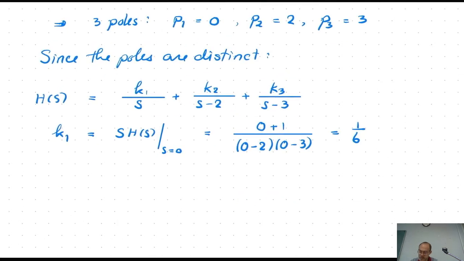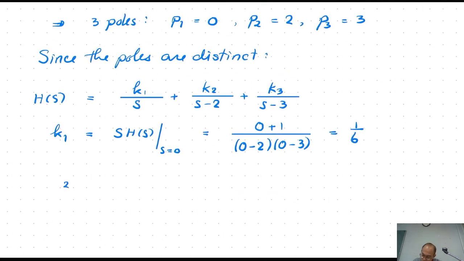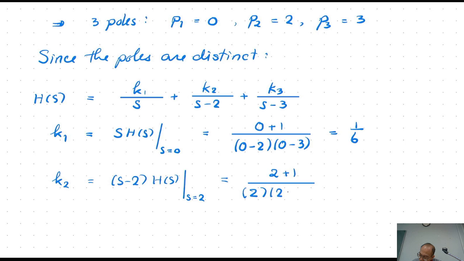And the rest is the same. K2 is S minus 2 times H(S), and then plug in S equal to 2. That is 2 plus 1 divided by 2 times 2 minus 3. And that is 3 over minus 2, minus 3 over 2.